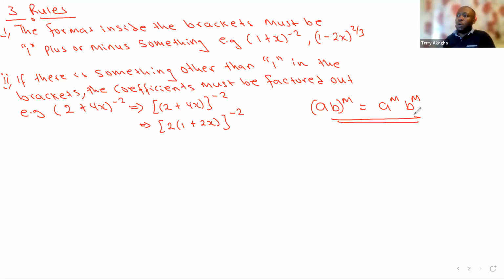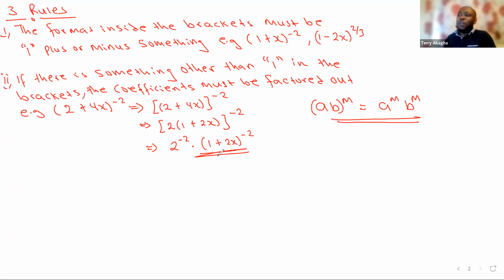So when you see this, this applies to the same thing. This is our A and all this is our B. So it's going to give us 2 raised to the power minus 2 multiplied by 1 plus 2x raised to the power minus 2. So you can see now we are back. So you solve this part as you would have solved it in rule 1.